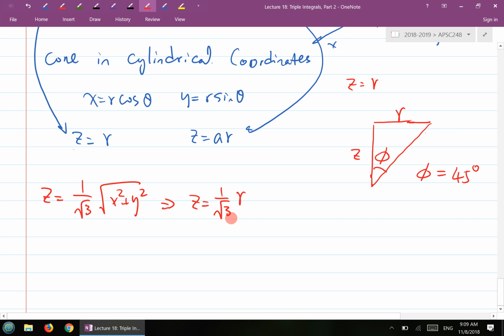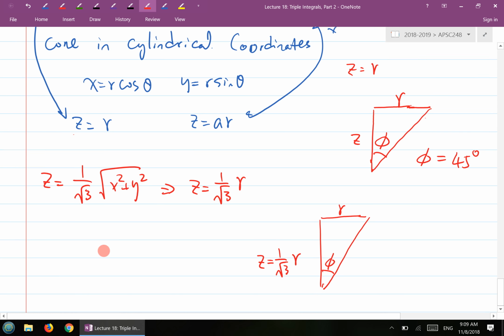So if this is Z here, I'm going to redraw the right triangle. Here's Z, here's R. Now this time, Z equal to 1 over root 3 times R, right? Here is still the angle phi.